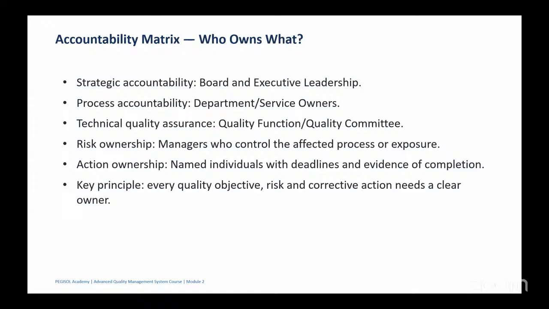Every quality objective. So in quality, in ISO, we talk about quality policy, quality objectives, and quality indicators. The quality policy tells us the organization's strategy or direction, which is usually set by the executive leadership, approved with the approval of the board. Now, quality objectives help us to create actionable and measurable objectives.